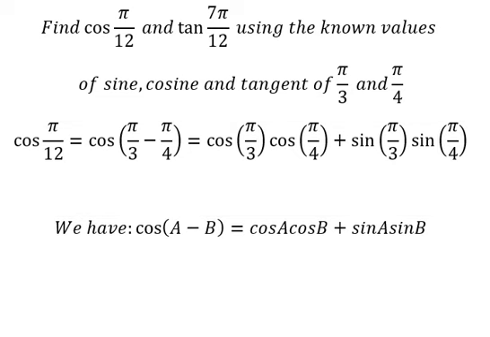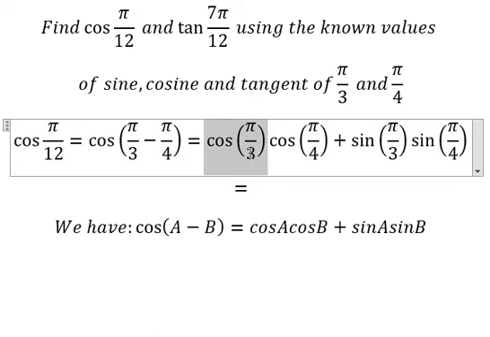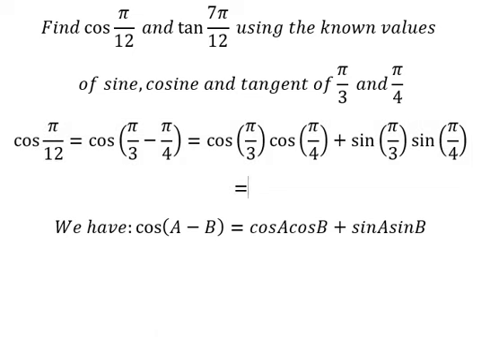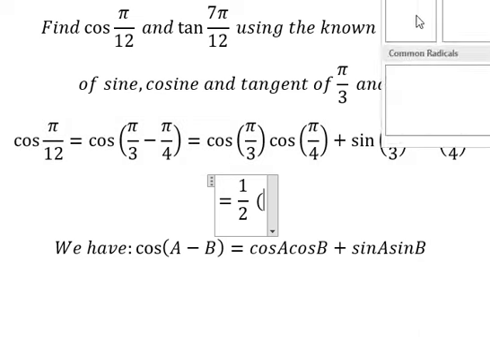So after you got this one, we can put the value of cosine π/3, cosine π/4, sine π/3, sine π/4. So this one, we have 1 over 2. This one, we have the square root of 2 over 2.